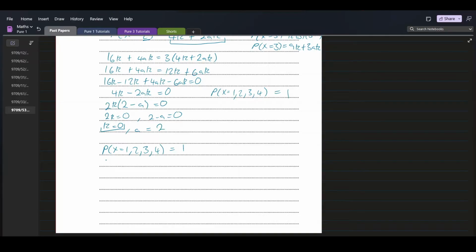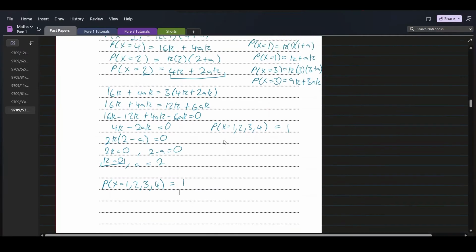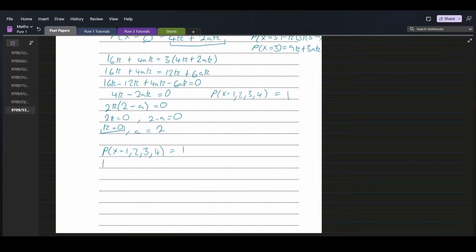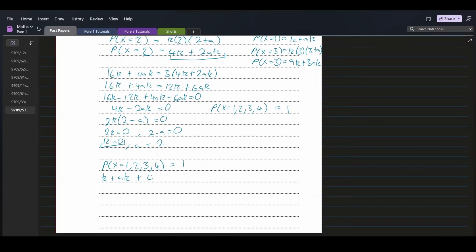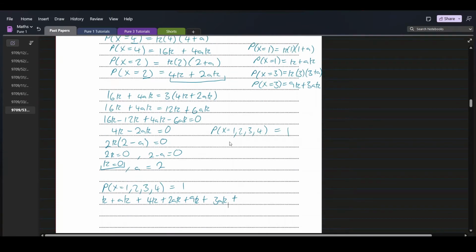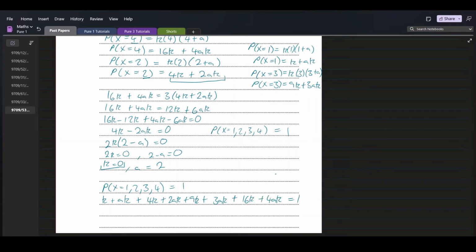So X equals 1 is k plus ak, and then X equals 2 is 4k plus 2ak, X equals 3 is 9k plus 3ak, and then X is equal to 4 is 16k plus 4ak, and they all add up to 1.